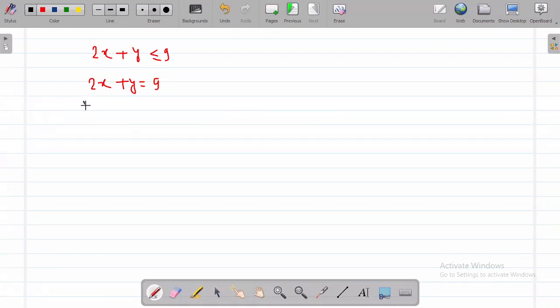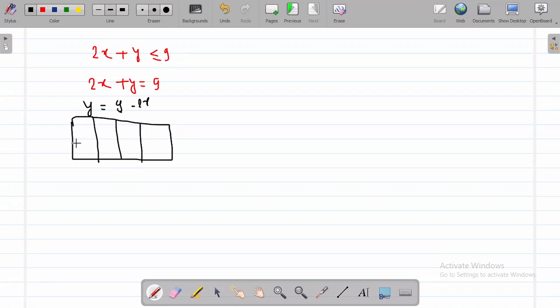While tabulating the values, let me make y alone: y equals 9 minus 2x. Then tabulate the values of x and y, please follow me, all of you. Please do it in the graph copy, because today is the second last day for this topic.